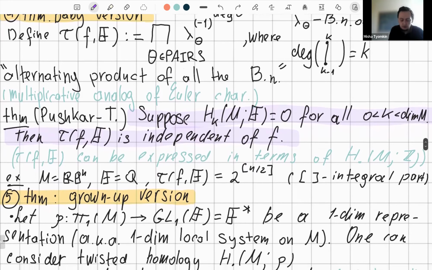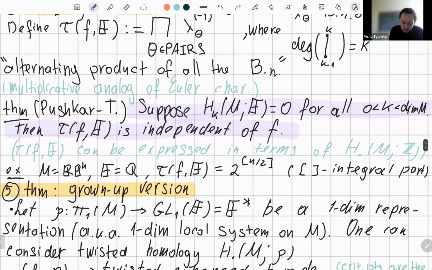So given such a one-dimensional local system, one can consider twisted homology of M with coefficients in rho. This is called twisted homology, or the homology with coefficients in a local system.